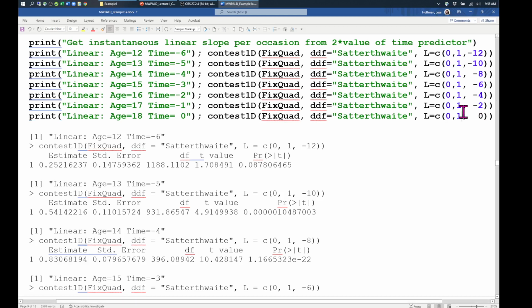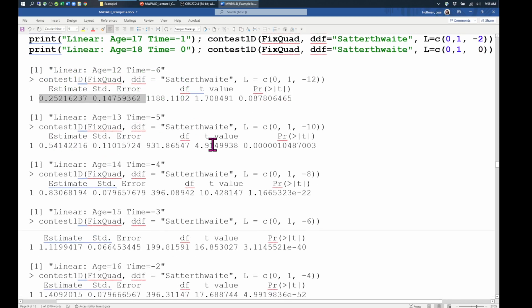That should be a blue 0 right here, because that's when time is 0. So the trick to getting model predicted linear slopes is to multiply time by 2. So that's what the term that multiplies the quadratic is, time times 2. And so then here are the model implied linear slopes at each age.